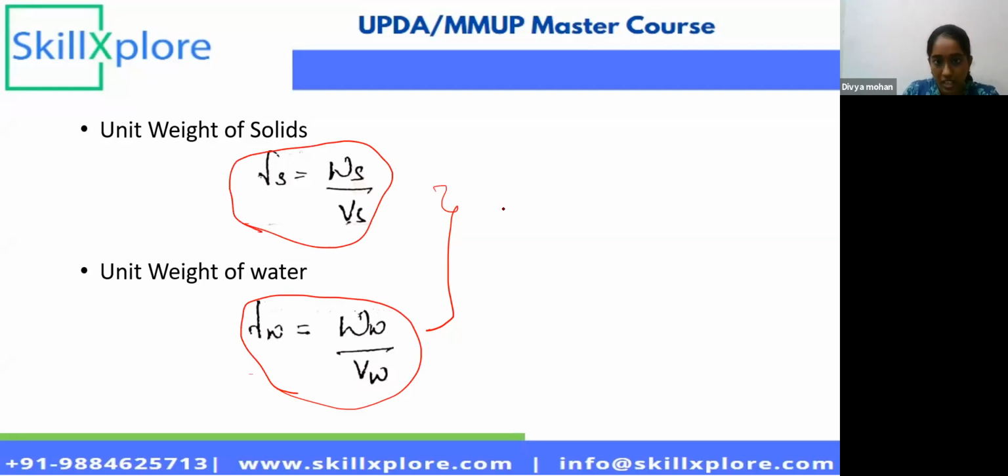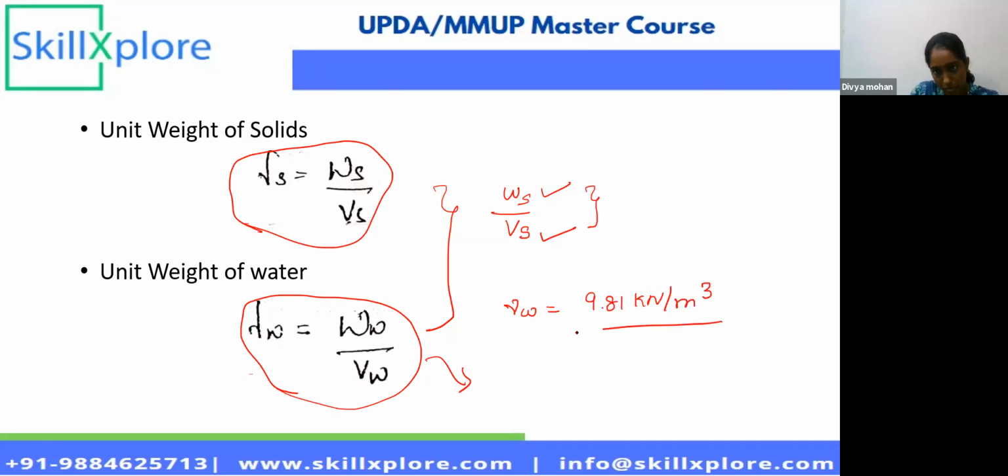Since we are taking only the weight of solids to the volume of solids, the weight of solids will not differ, and the volume of solids will not differ. It is a constant parameter. And we know gamma W, the value is 9.81 kilonewton per meter cube.